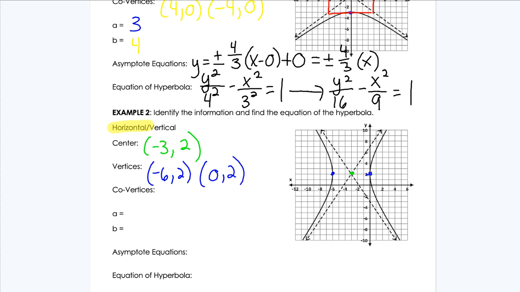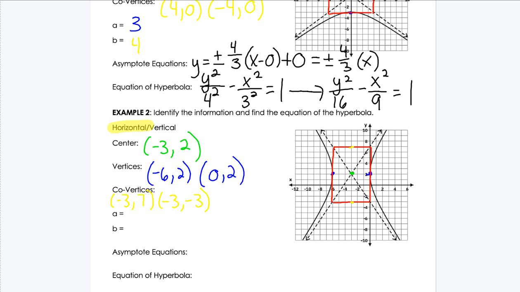So this rectangle, if I draw my line, goes straight up and down from each vertex to where it intersects the asymptote. So let's get those lines in there. And then we connect them to make our rectangle. So now I can see that my co-vertices are going to be in the middle of those sides that I just created. So the coordinates of those are going to be at -3, 7, and -3, -3.